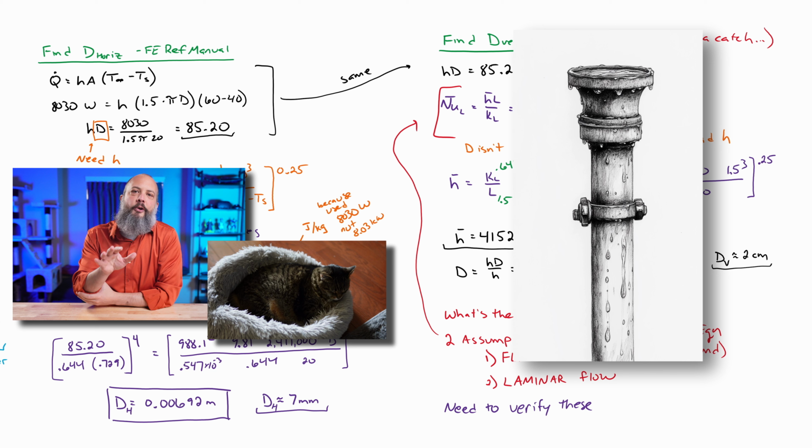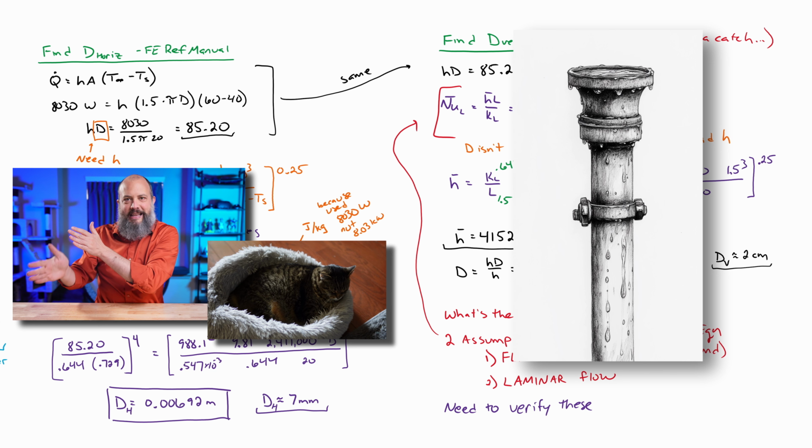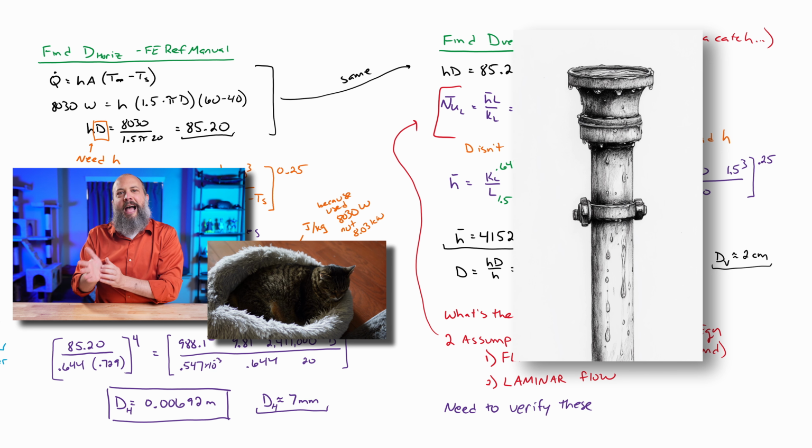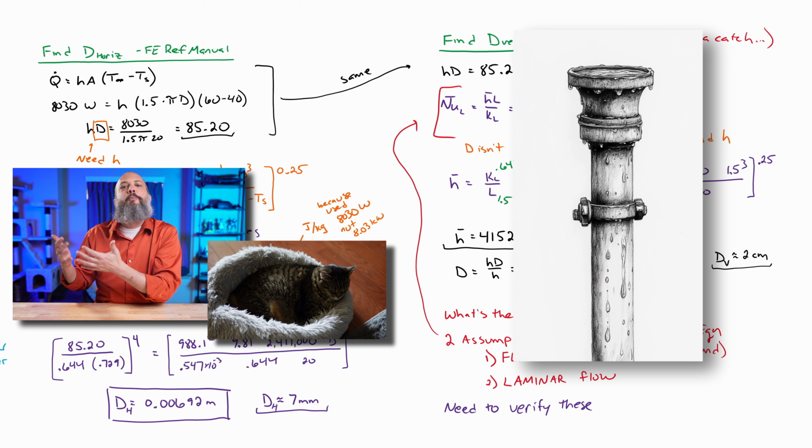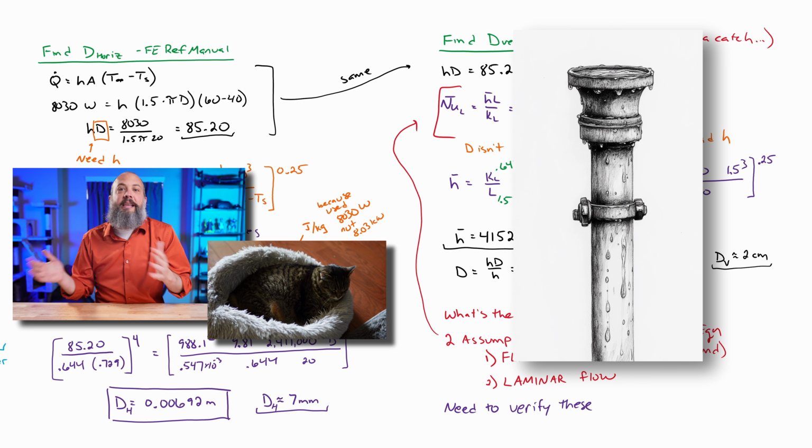So if our flow is in the wavy laminar region, our value for h will be too small; there'll be more heat transfer than we're accounting for. And if the flow is turbulent, our value for h might end up being way too small, because turbulent flow does a lot more heat transfer.